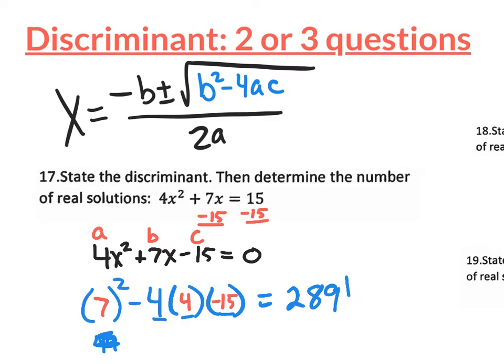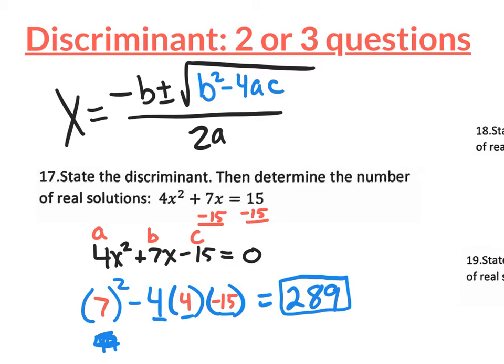That is your discriminant. So that's part of the answer, and in addition to that, they ask you how many real solutions. Does it have 0 real solutions, 1 real solution, or 2 real solutions? 2. The reason is that if you had any positive number in here, when you take the square root of that positive number, even though it could be an ugly decimal, when you add that number, it'll give you a new number, and when you subtract that same number, it'll give you a different number.